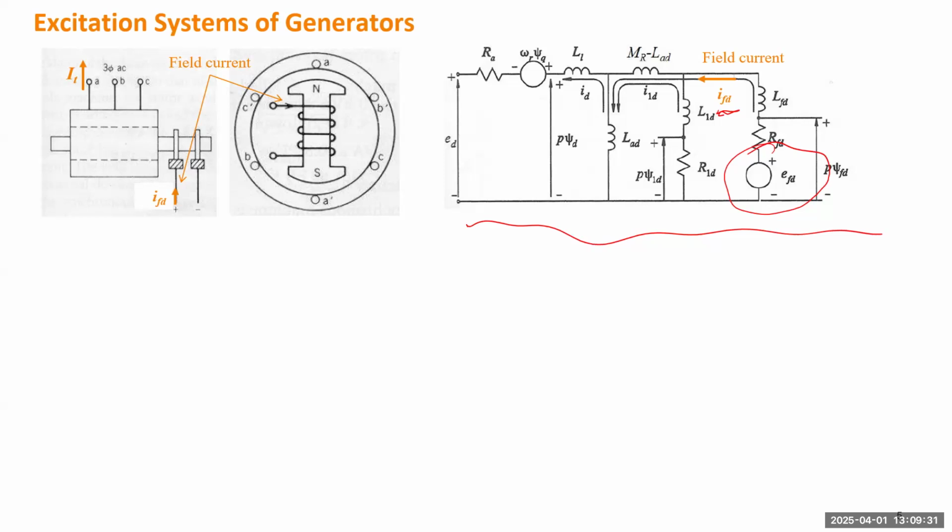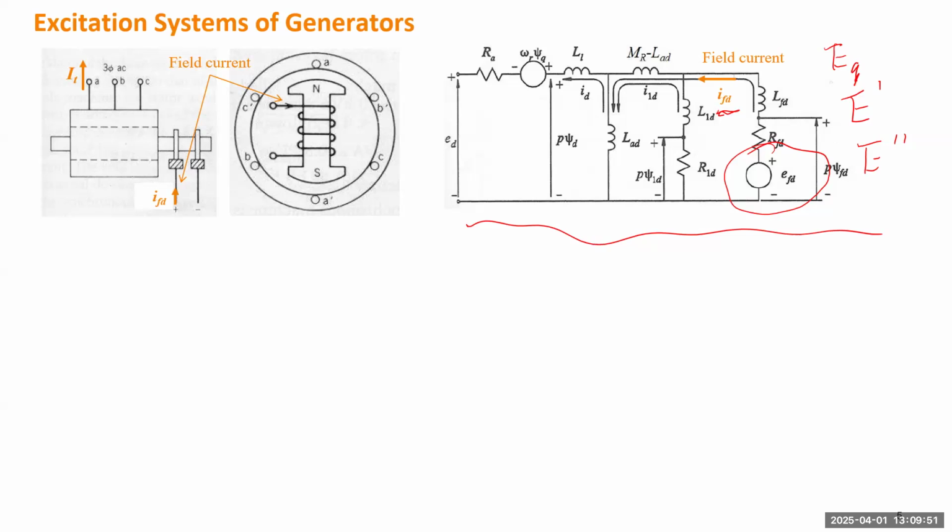source. So later in our circuit, you can model that either by the capital E_Q for static condition, or maybe E' or E'', for the transient or subtransient dynamic. But they all depend on the field current.